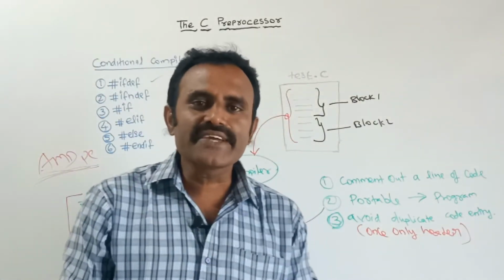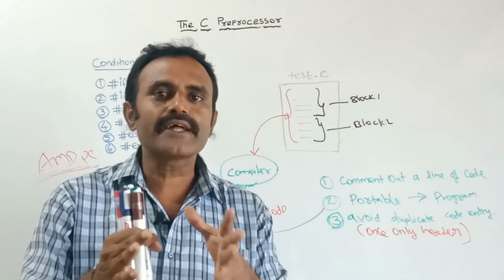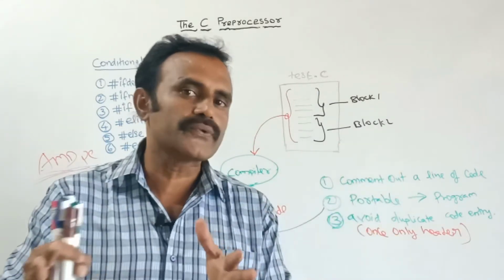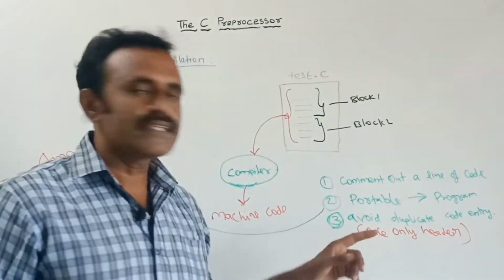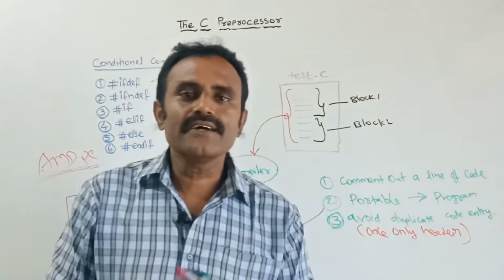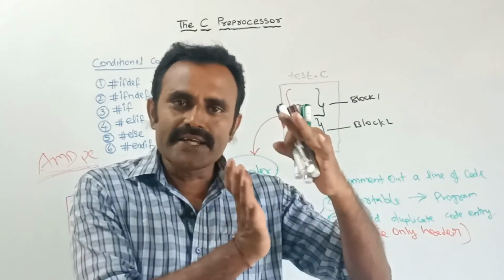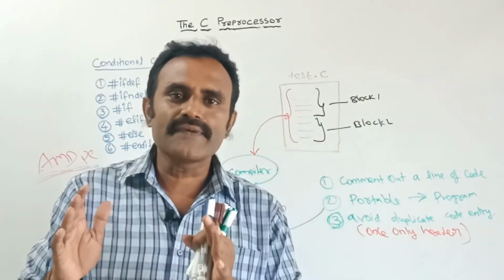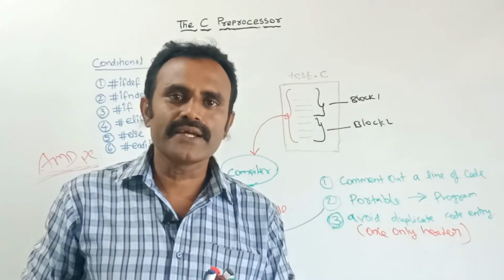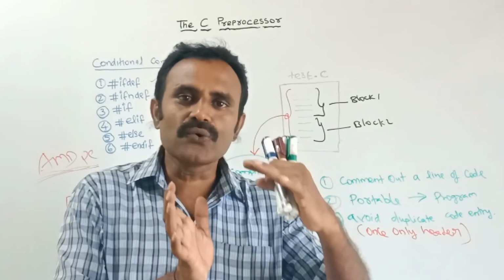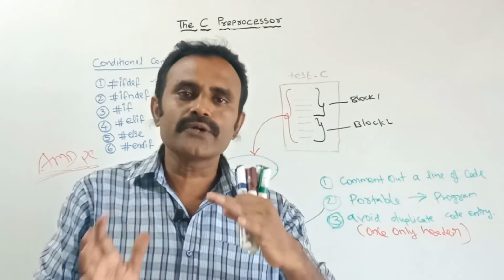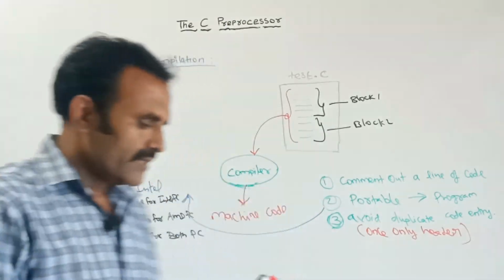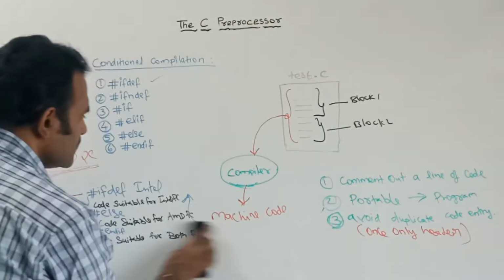In the previous class we had seen how to create our own header file and how to include that header file in our source code. So when we are creating a header file, after creating it, suppose I want to include that header file in my source code, and suppose I am including it two or more times, then what will happen? So now let us see this one.